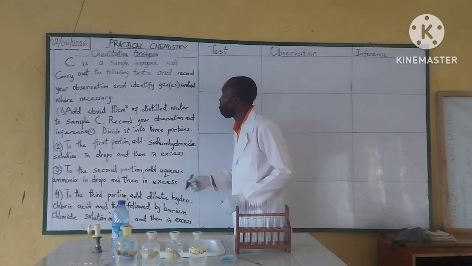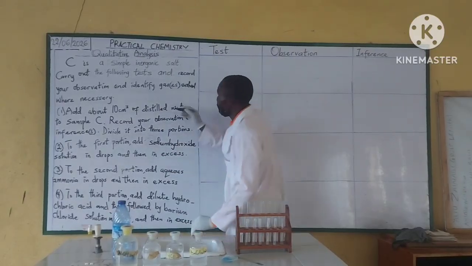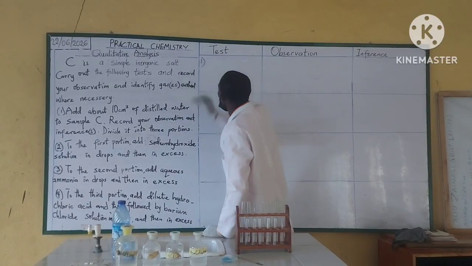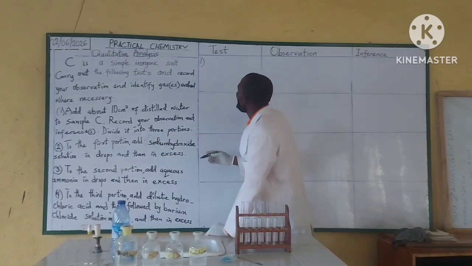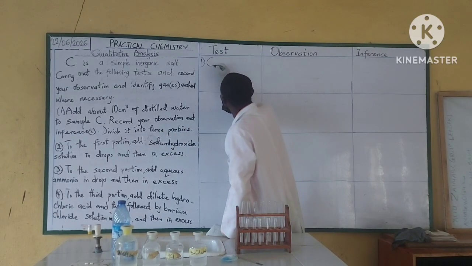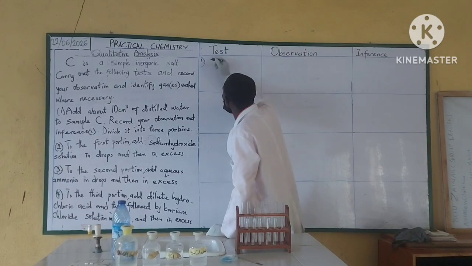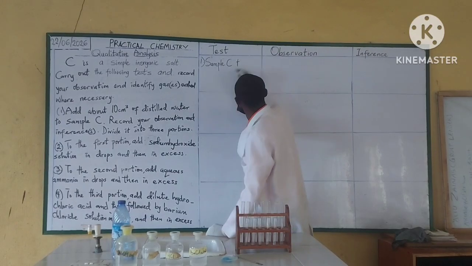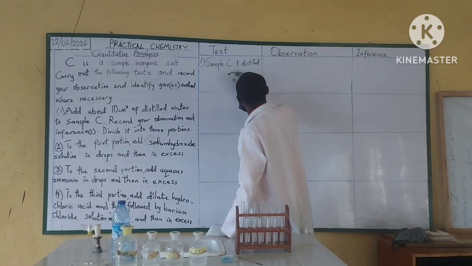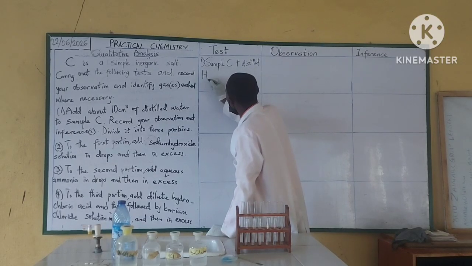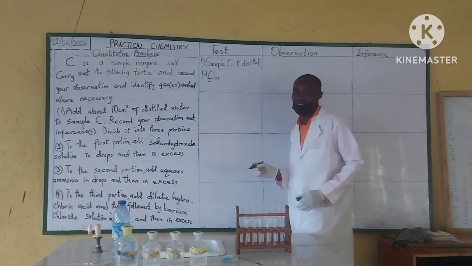We start with the test. For the first instruction, we say sample C plus distilled water. That's the instruction.